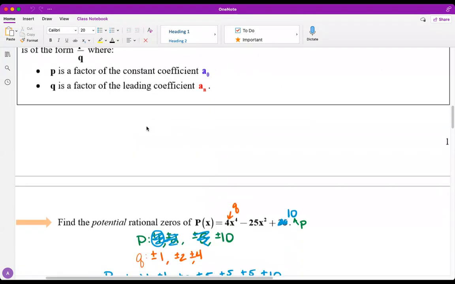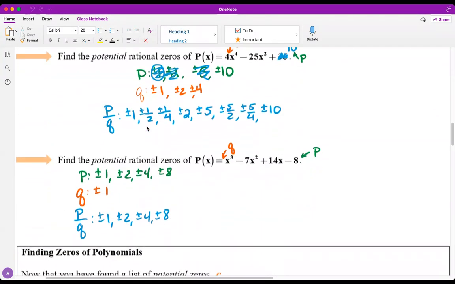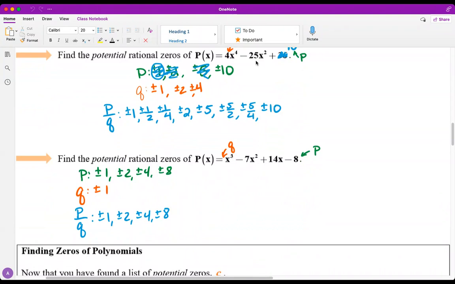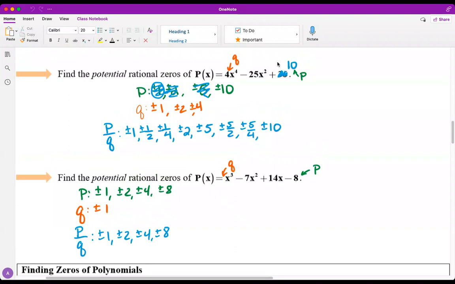So what that means in easier terms is that all of the zeros that this polynomial has that are not complex, they don't have an i, and the ones that do not have a square root, they are all in this list that I'm looking at right now.